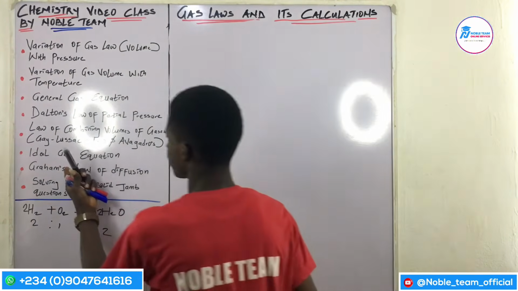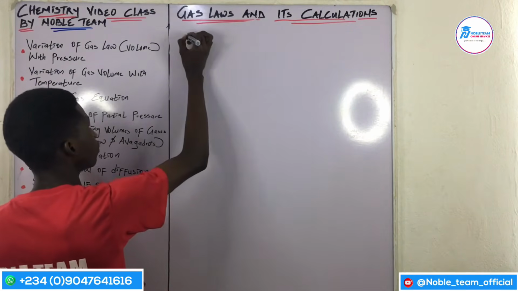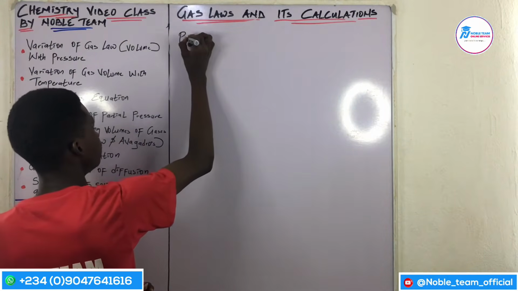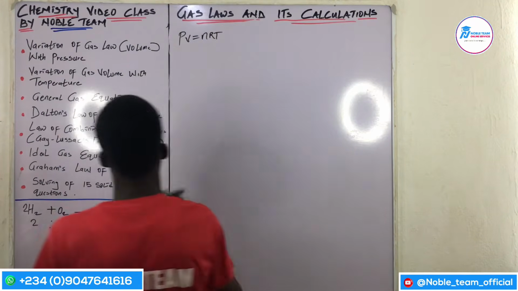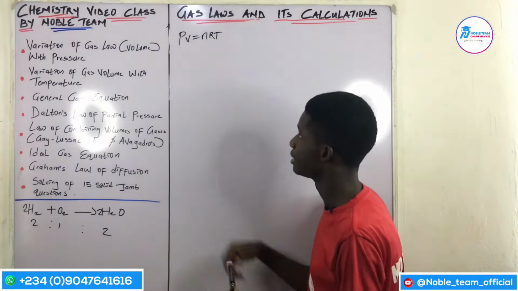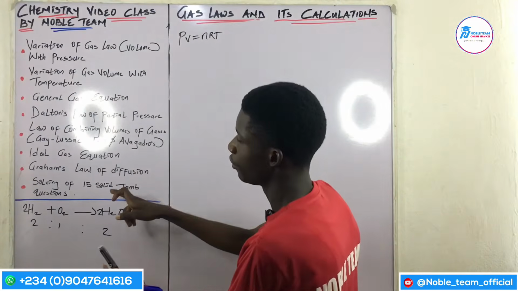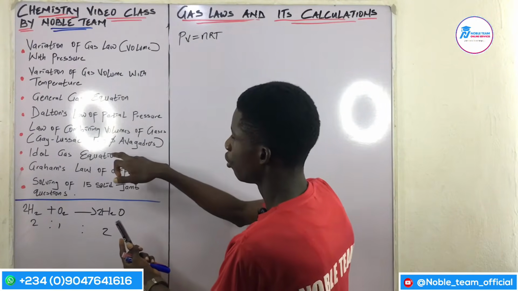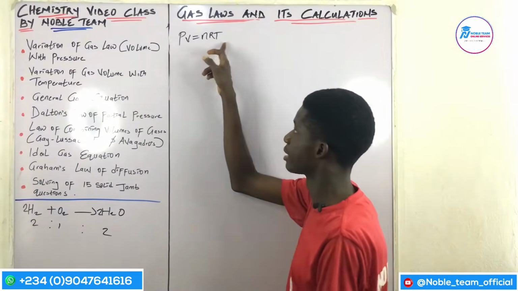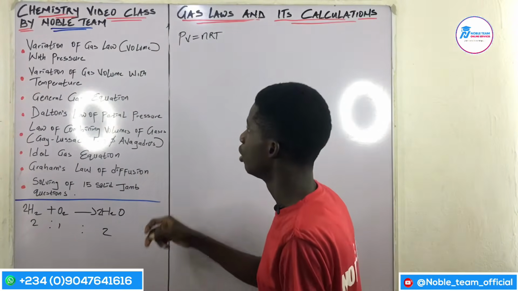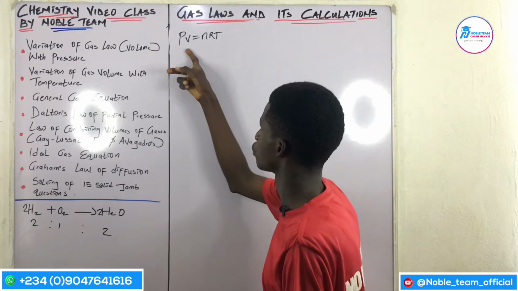We have the ideal gas equation to be PV is equal to nRT. Yes, because we have the number of moles, then the universal gas constant, temperature, pressure, and volume. This is from Boyle's law and Charles' law.